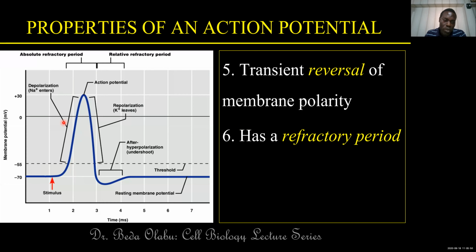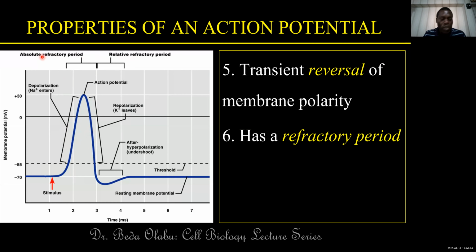You cannot superimpose action potentials. So during this period where this action potential is taking place, the membrane is refractory to the generation of another action potential. Now, refractory periods are of two types.